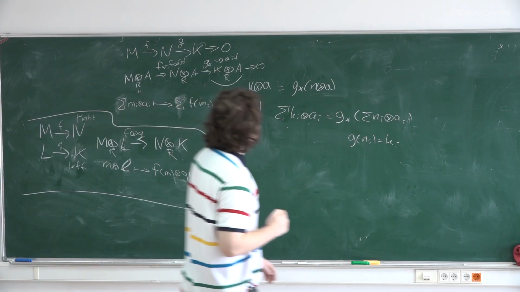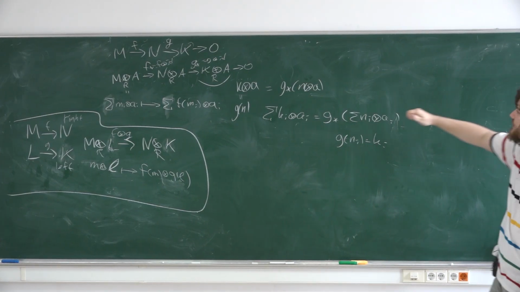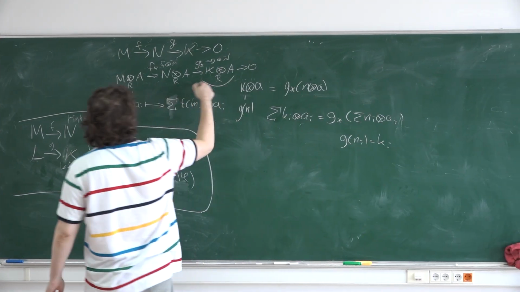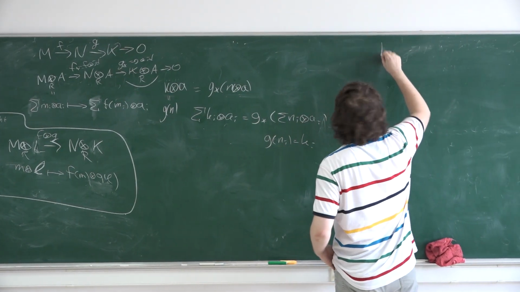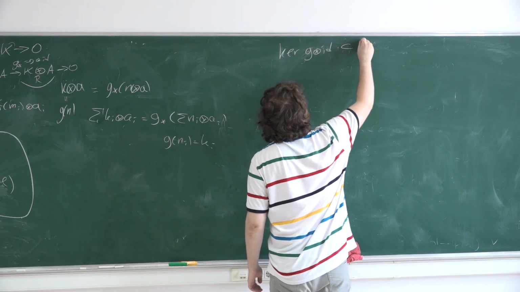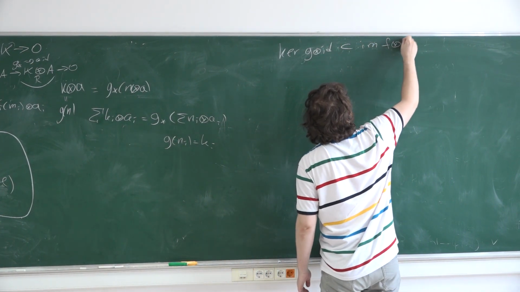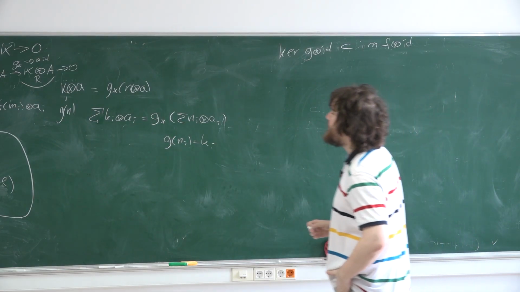Okay, and now, again, the nontrivial part is why the image is exactly the kernel. So why the kernel of G tensor ID is in the image of F tensor ID. It's F star and G star. Okay.